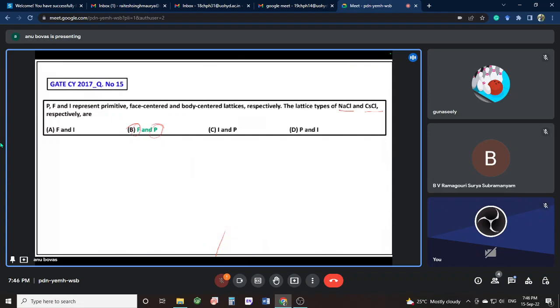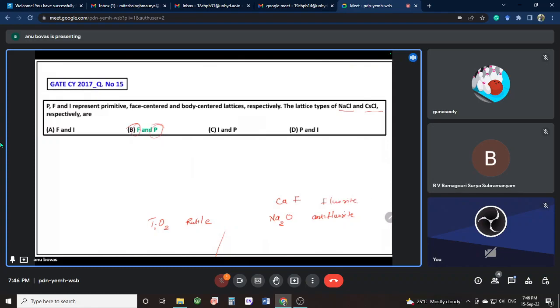I will tell you which are the important structures: titanium oxide, which is also called the rutile structure, sodium monoxide, Na2O, the antifluorite structure, and calcium fluoride, which is the fluorite structure.